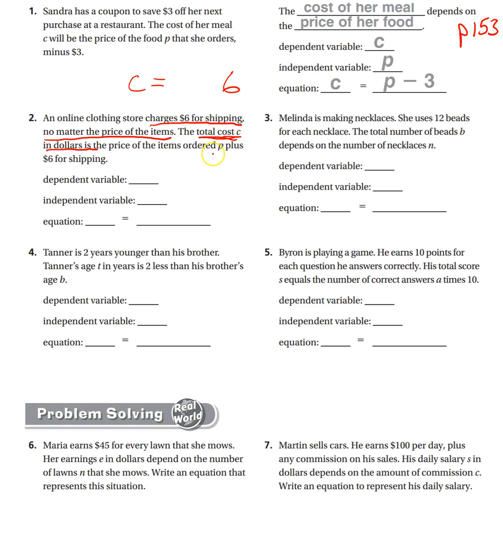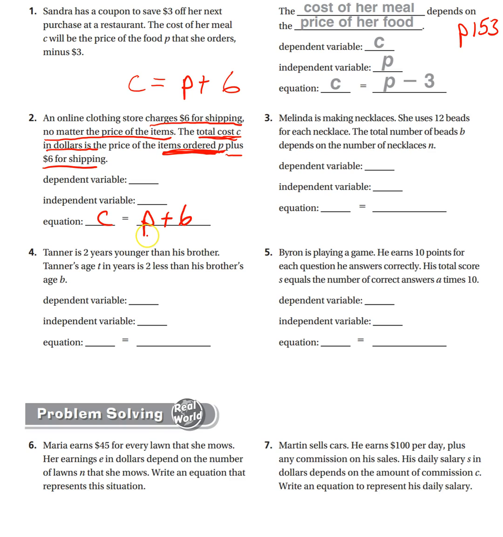Is the price of the items ordered, so however many items I order, plus, so P plus the $6 for shipping. Well, I already have my equation. Look, I already have it just from reading carefully and pulling out the information they give me as I read. There's my equation. And now I can see very easily that my cost for my order depends on the cost of the item that I order, right?